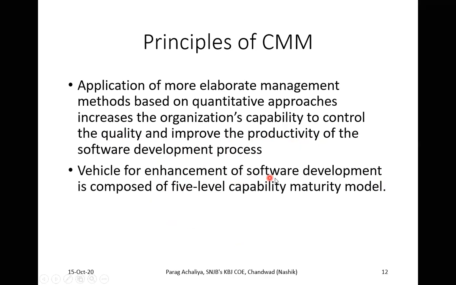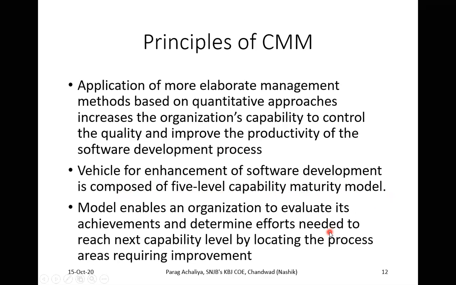The vehicle for advancement of software development is composed of a 5 level capability maturity model. How are you going to achieve this quality? There is a 5 level CMM composed for software development to check the quality and productivity. This model enables an organization to evaluate its achievement.